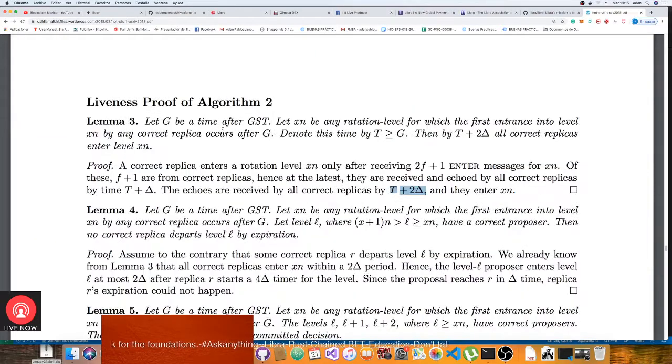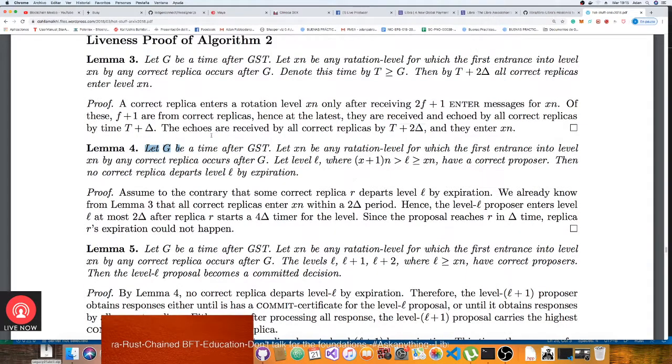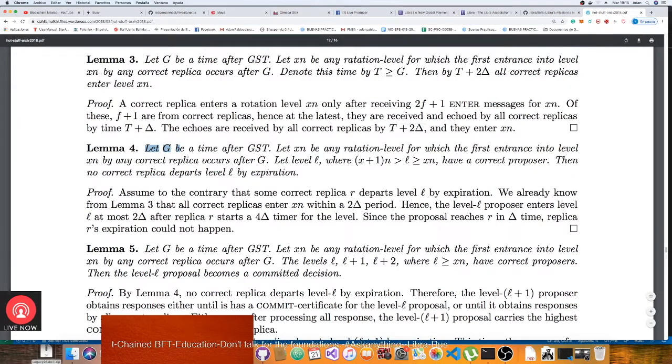So let's move to the next lemma to have a better scope of these details in the liveness condition. So lemma 4 is: let G be a time after GST. That is the same condition.